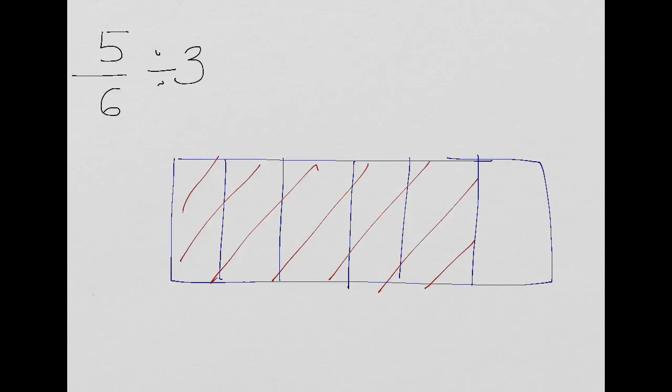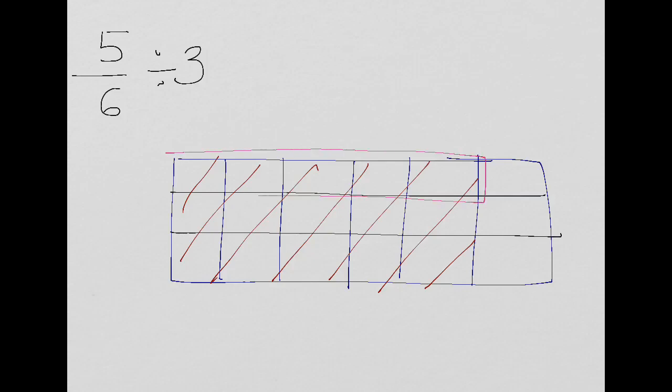So I'm going to divide by 3. Remember, I do it on the opposite side there. And how much does one person get? Well, one person would get this bit here. So 5/6 divided by 3 equals, are you able to answer that for me?